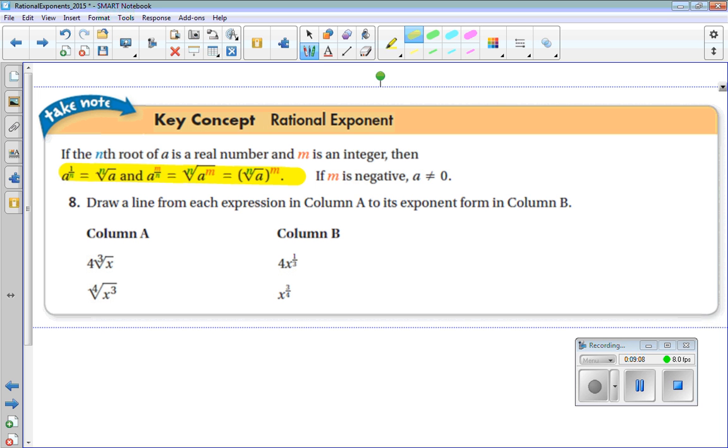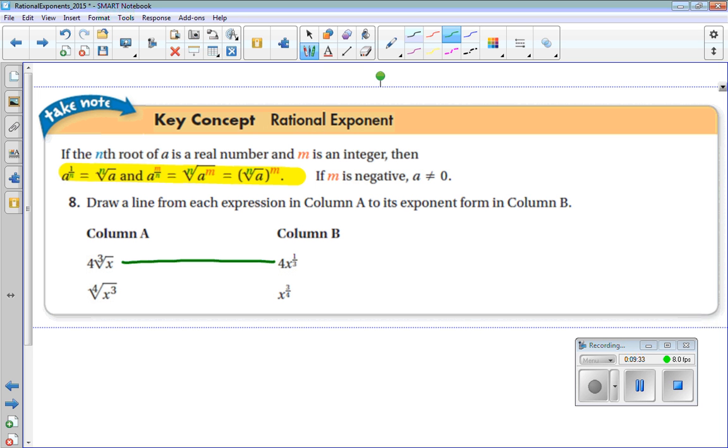We have to match them up. Which one goes with what? If I have 1/3 power, what does that mean as my index? 3. So which one in column A has an index of 3? The first one. Notice what happens to the 4. Is it being raised to the 1/3 power?